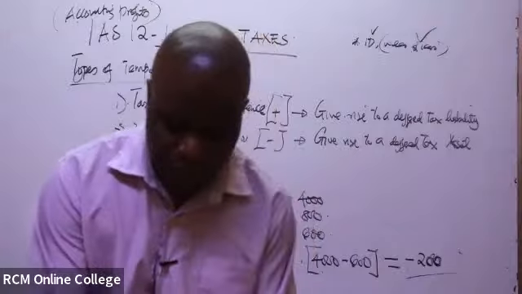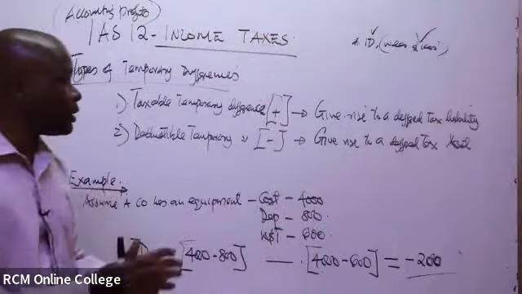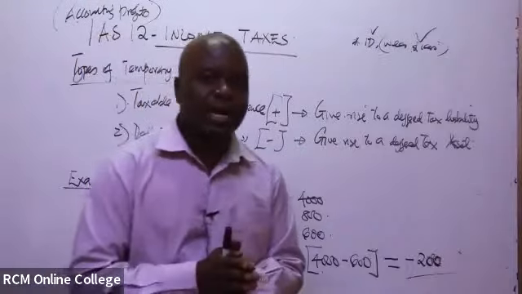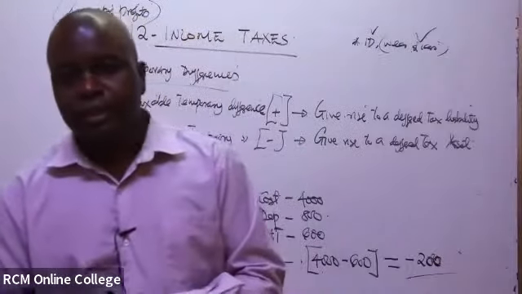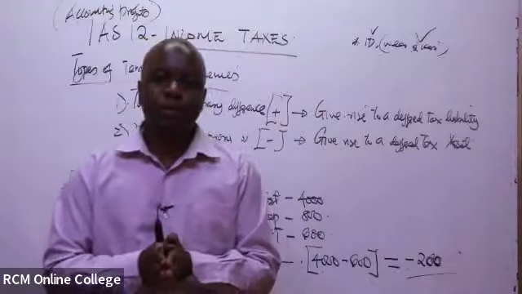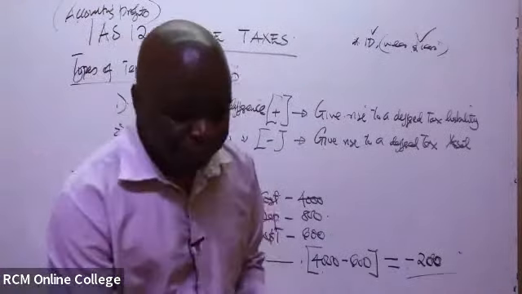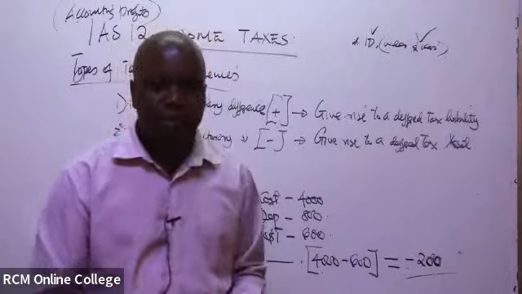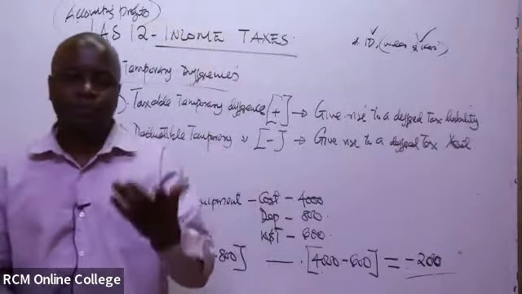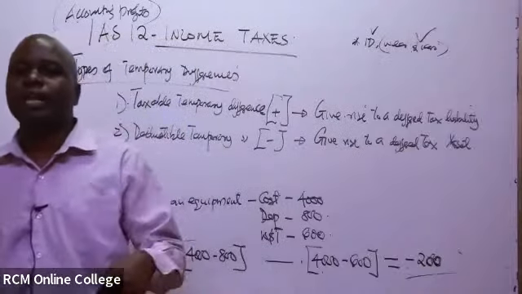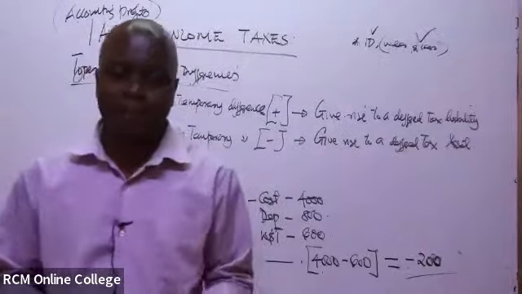Deferred tax account. So remember, we have what we call the accounting profits and the taxable profits. What we've been given there in that table, the profit before tax, is the accounting profits. It's the profits in the books of accounts, the ones that the accountant determined.